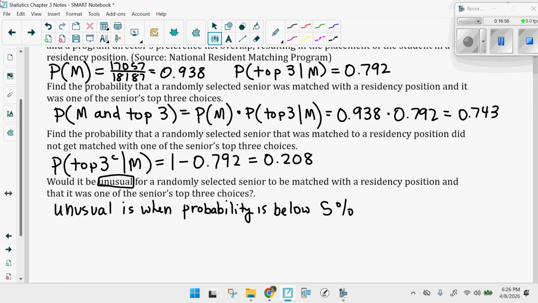So keep in mind that anytime we have a statistical probability that's lower than 5%, then that starts to be a little bit unusual. Well, we just found a probability that they don't get matched to their top three is going to be 0.208. So 20.8% is greater than 5%. So this is not unusual. This is a pretty common occurrence.